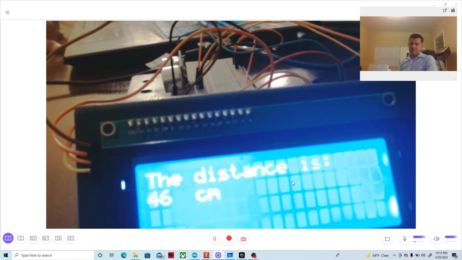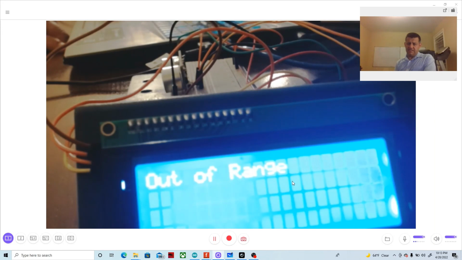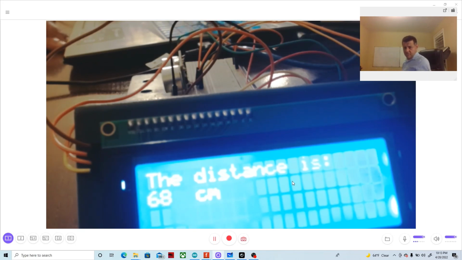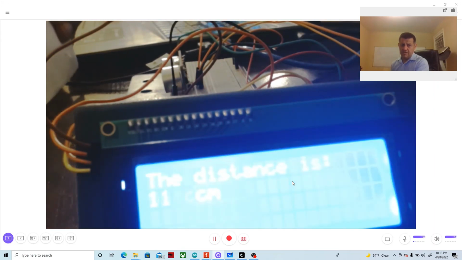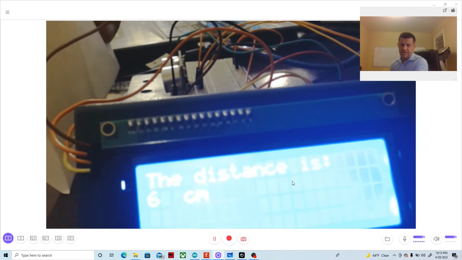If I am getting closer to the sensor, this is getting shorter, but at the same time it's lower. That's why. See? Out of range. Now I'm getting closer, closer, and it's getting closer, right? See that?